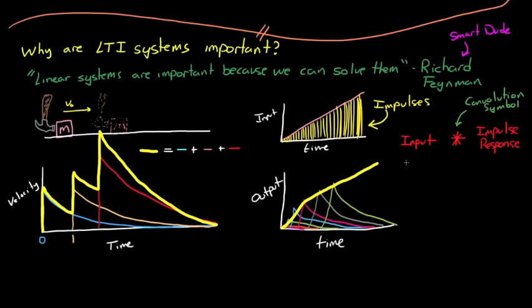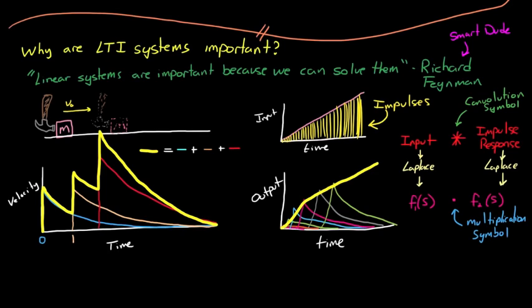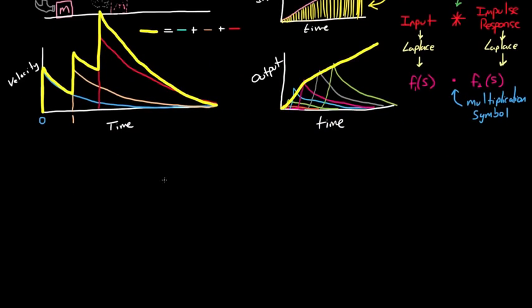However, if we first transform the impulse response and the input signal to the S domain using the Laplace transform, then convolution becomes multiplication. Now this is the basis behind transfer functions and why in the S domain they are only applicable to LTI systems. So how can we take advantage of this knowledge?